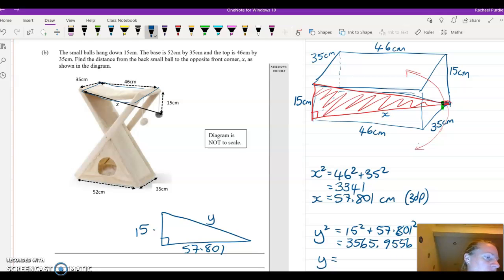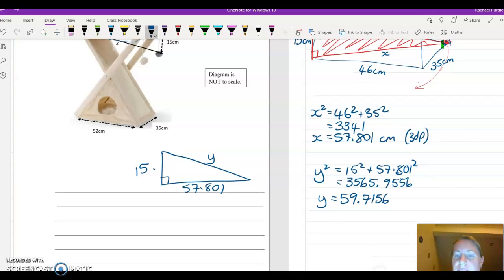That's why I keep pausing it, because my phone calculator is really slow. So y is 59.7156. We should round that to something sensible: 59.72 centimetres to 2dp.